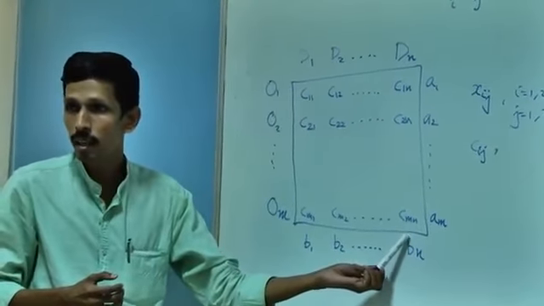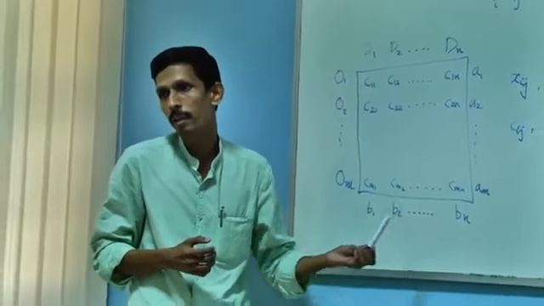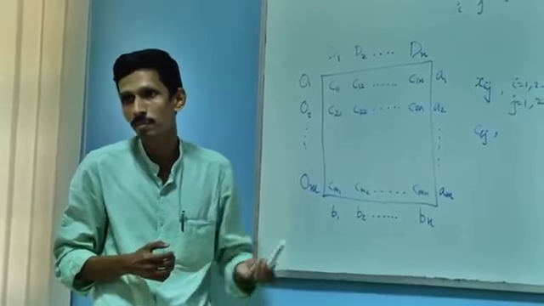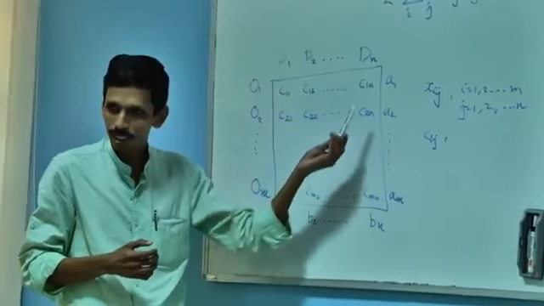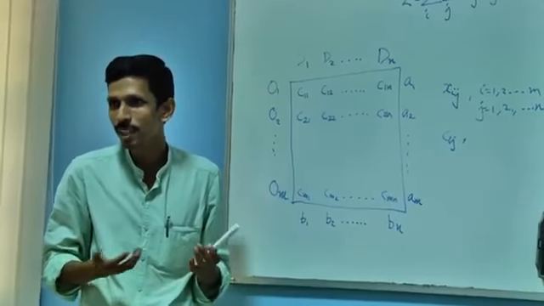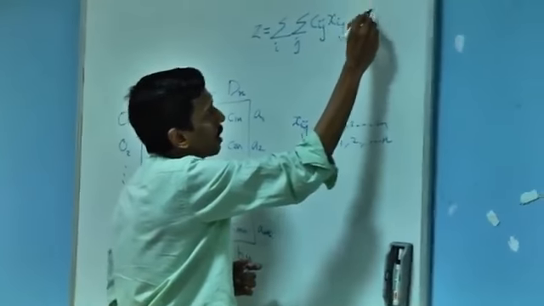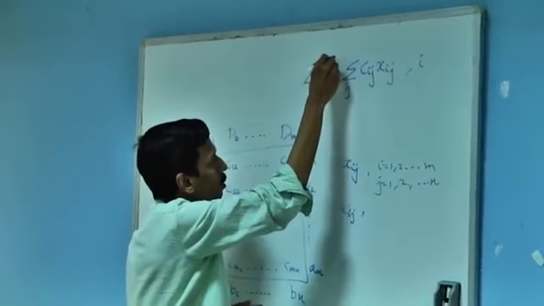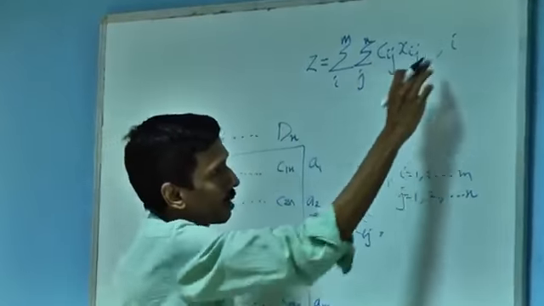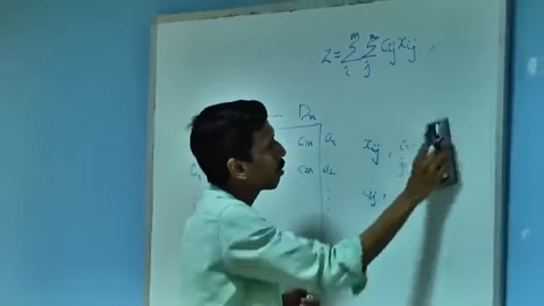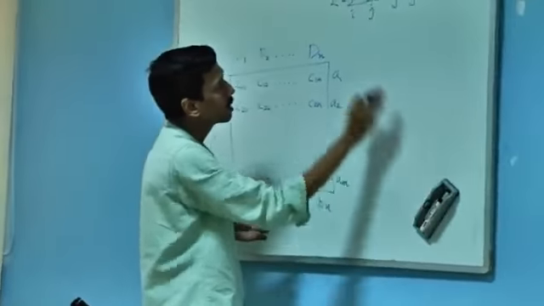Finally, Cmn Xmn. How many terms? Is that an M by N matrix? How many terms? M into N terms, right? You can denote it as i equal to 1 to m, j equal to 1 to n. It's enough. Therefore, this is the objective function.